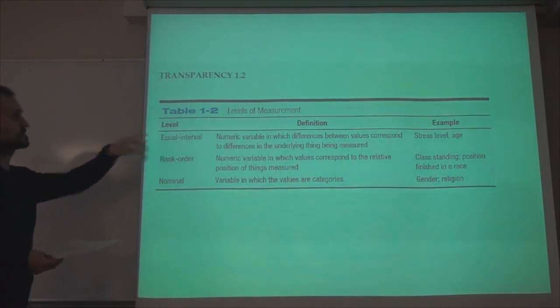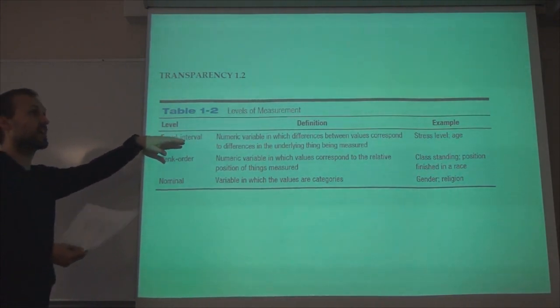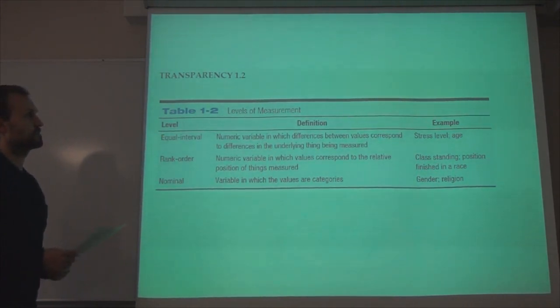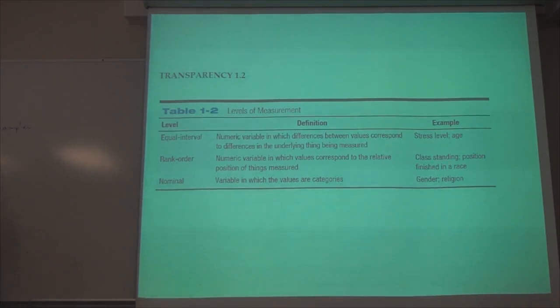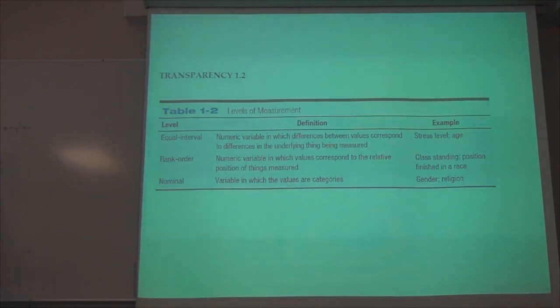The book here calls it an equal interval variable, or just an interval variable, or a scale variable, or just a numeric value, like age or height. I get a number as the score of a person. Whenever I survey someone, I'm going to get a number. That can be anything within the range that I'm looking at.